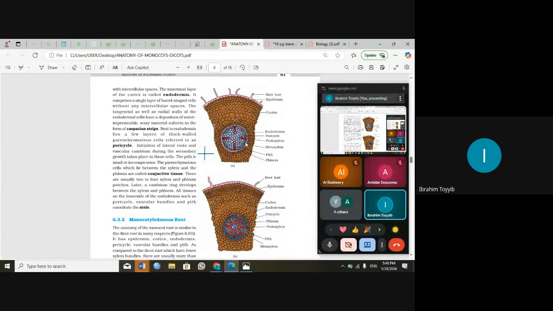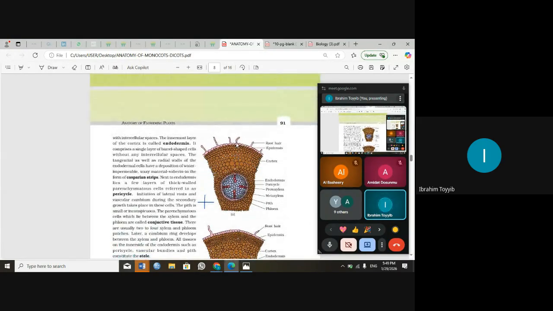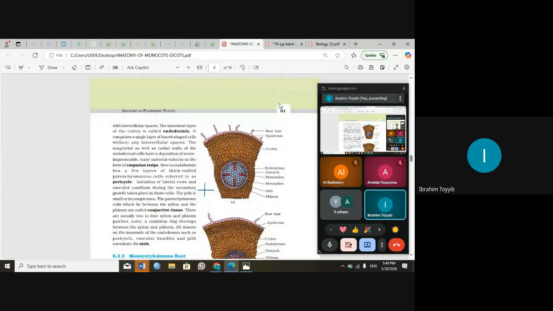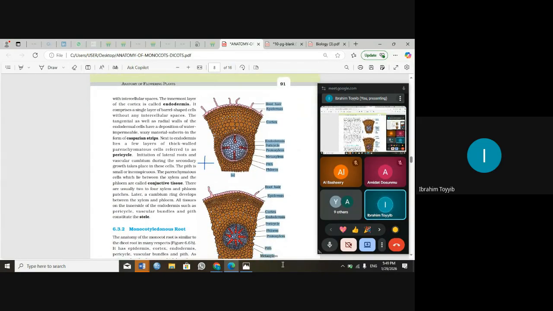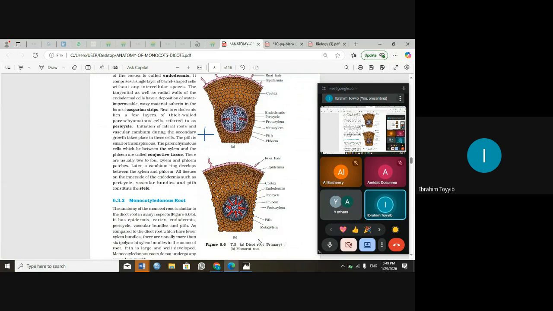Now let's look at the functions of the parts of the dicot root and monocot root, and even the differences in the TS, which means transverse section. Let's look at the functions of these structural features, and the differences between the dicot root and monocot root.